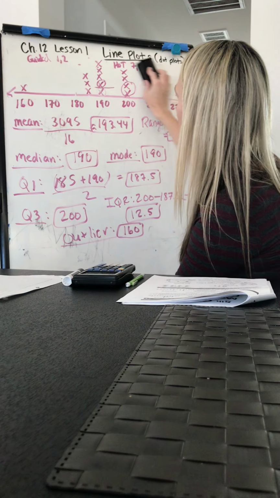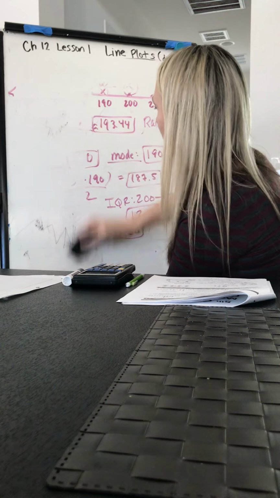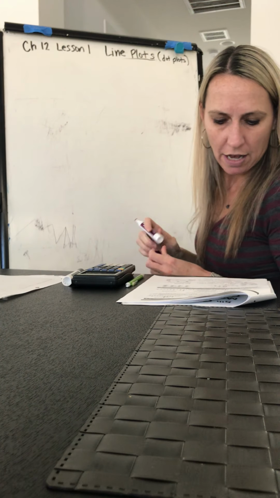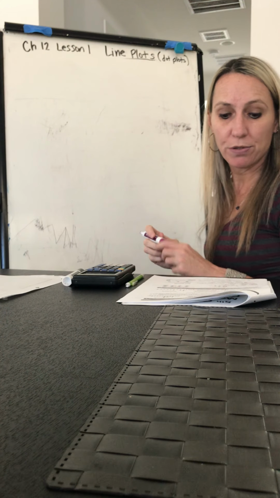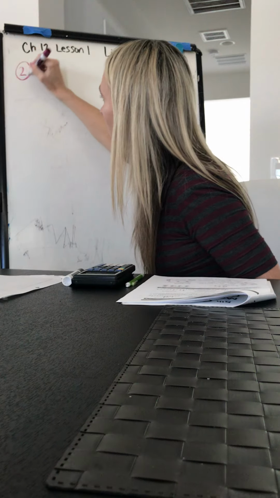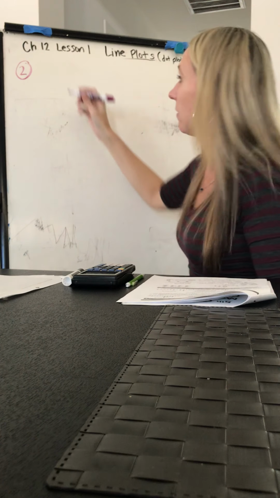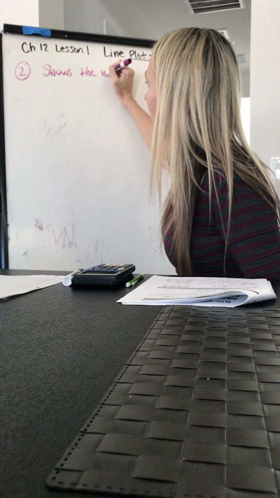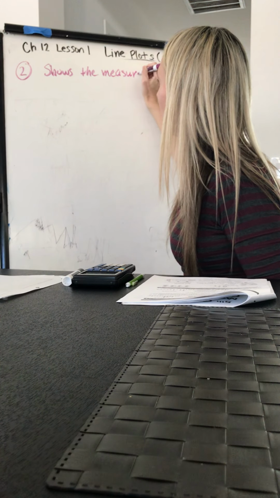All right, and then the next question, this is the guided practice, number 2. It says, how is using a line plot useful to analyze data? Okay, so why would we use a line plot? So a couple things. It shows the measures of center.